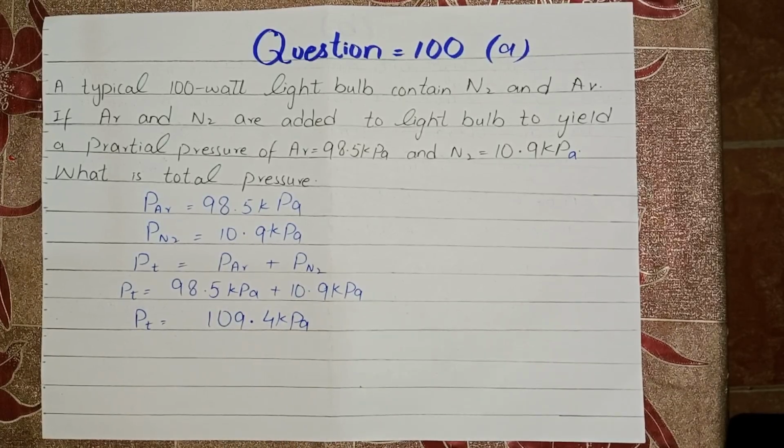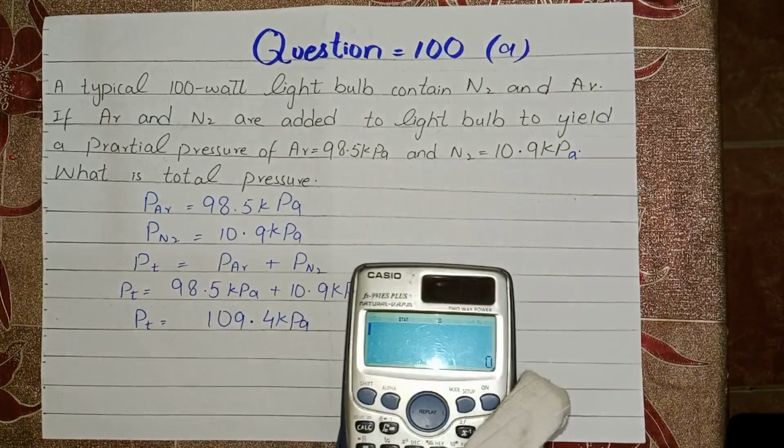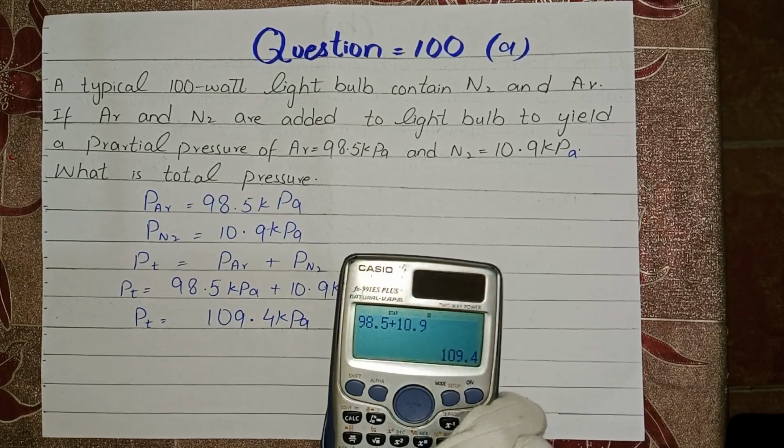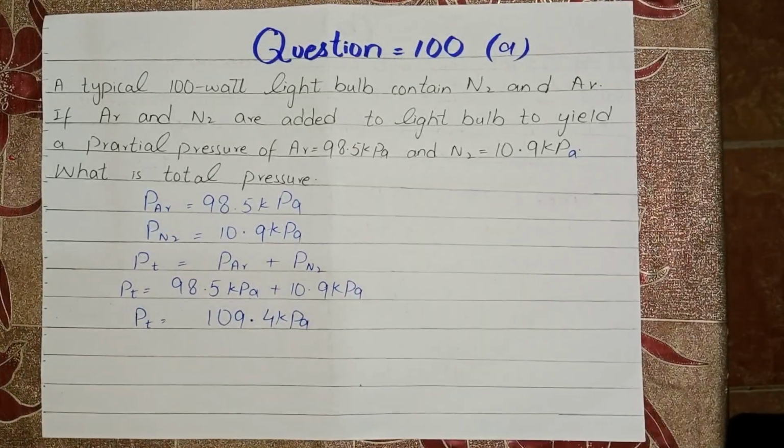Simply we add both quantities, and the total pressure is 109.4 kilopascal, which is the total pressure of both gases in the light bulb.